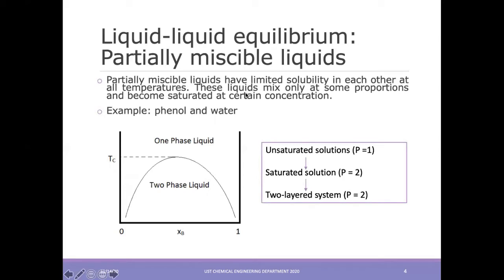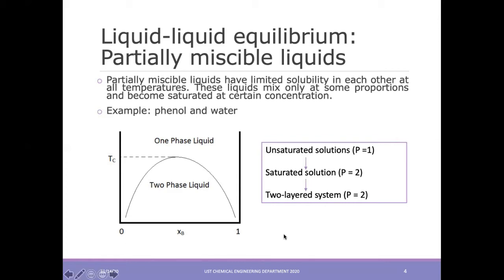As mentioned, these liquids mix only at some proportions and become saturated at certain conditions. If the temperature is increased, the solubility of one liquid in the other is expected to increase. Thus, at a higher temperature, a greater amount of phenol or water will be needed to reach saturation.